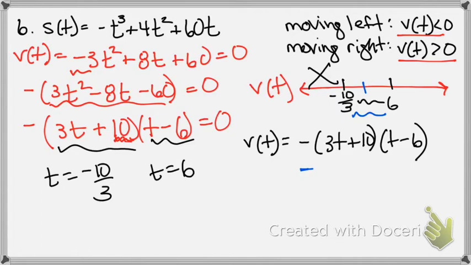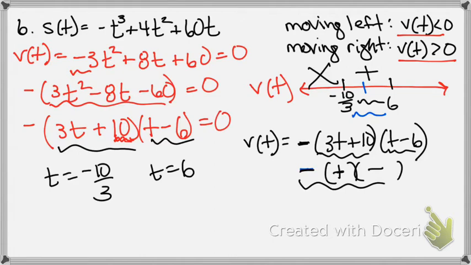This next factor, if I plug in either a 0 or a 1 or a 2 or any of those numbers in between there, that becomes a positive. And then this guy here, if I plug in a 0 or a 1 or any of those numbers, that's a negative. So remember, this negative out front still counts. So we have two negatives, which is a positive right here. All of that's positive.